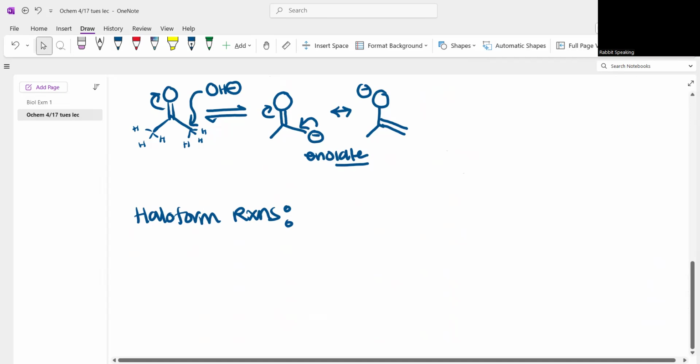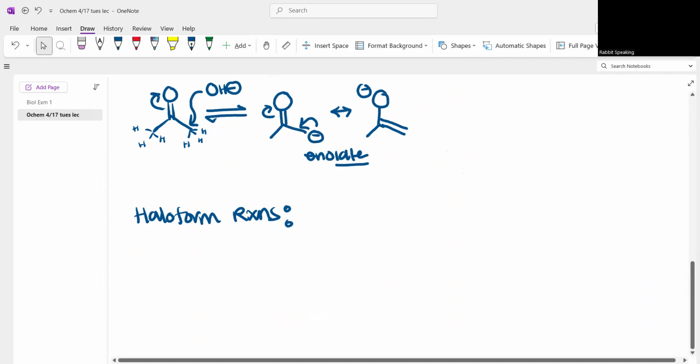By definition, the haloform reaction is the reaction of a methyl ketone with chlorine, bromine, or iodine in the presence of a hydroxide ion to give a carboxylate ion and a haloform. There is one aldehyde that undergoes the haloform reaction, which is acetaldehyde.